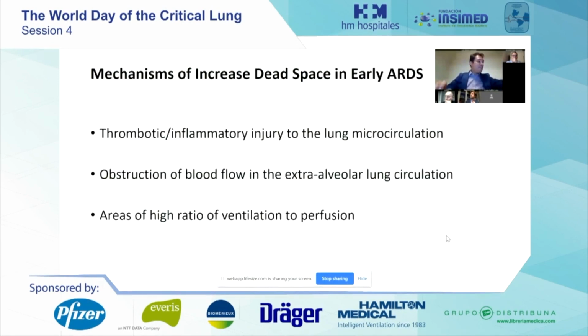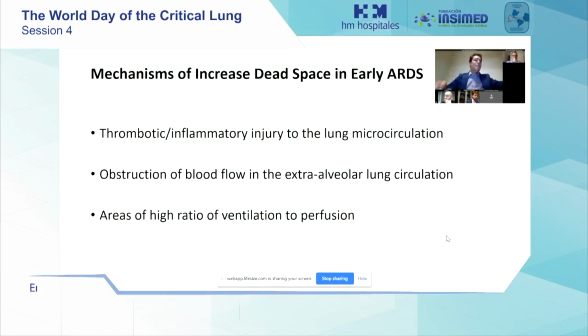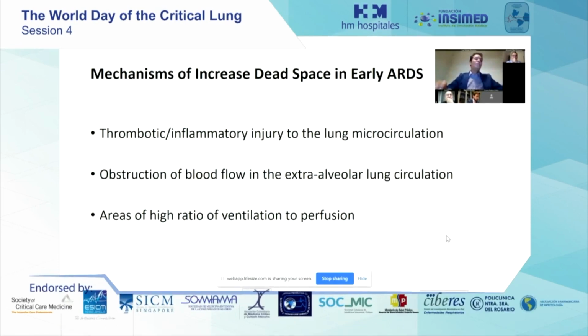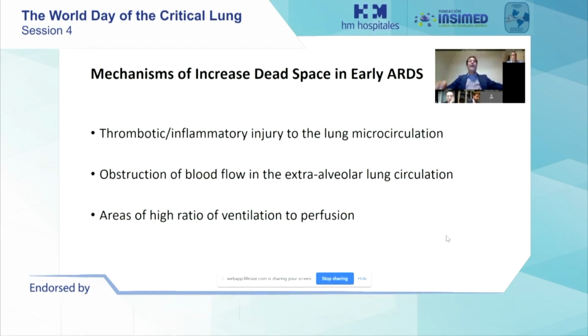So, what accounts for this increase in dead space fraction in early ARDS? We don't know precisely, but the two possibilities seem to be thrombotic or inflammatory injury to the pulmonary capillaries, the microcirculation, and/or obstruction of blood flow in the extra-alveolar lung circulation, resulting in areas of high ratio of ventilation to perfusion.